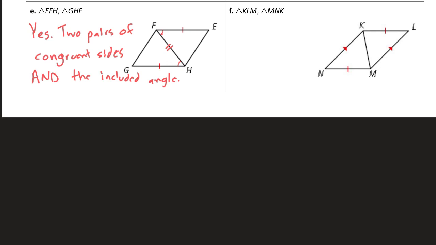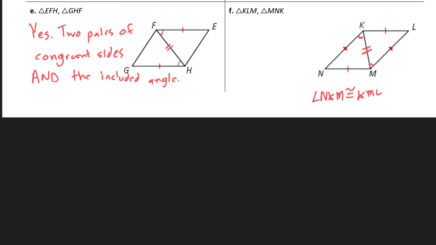If we look at this KLM, MNK, two things here. First, that shared side. And then with this, you got to look at the parallel lines, okay? If we look at these parallel lines, we have to look closely, but this angle right here and this angle right here, NKM, is congruent to KML.